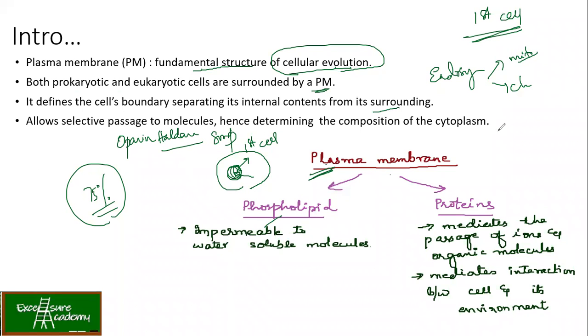In eukaryotes, you have cytoplasm, and the nucleus is there. The nucleus has its own components, and the cytoplasm has its own components. Mitochondria, chloroplast, all of these have their own components, and everything is defined by the plasma membrane. Moreover, it allows selective passage to molecules, hence determining the composition of the cytoplasm.